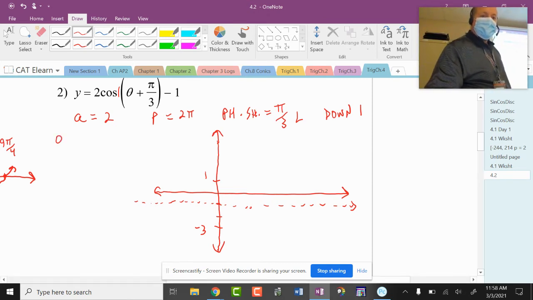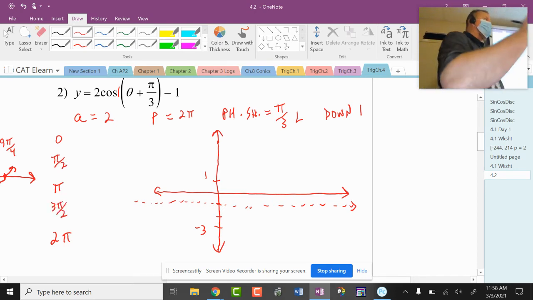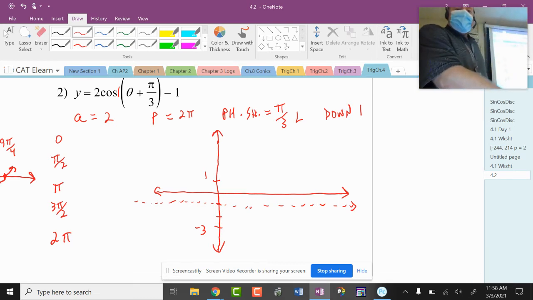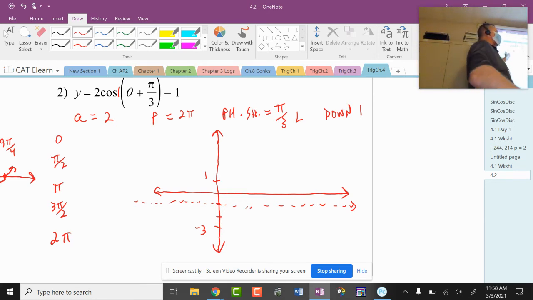Okay, we don't have to do this again. 0 to 2 pi, half of 2 pi is pi, half of pi is pi over 2, 1 pi over 2, 2 pi over 2, 3 pi over 2. You should have written those a lot in the beginning parts of your homework, so that should be all okay. All right, Alexander, if I'm going pi over 3 to the left, what do I have to do? Add or subtract pi over 3?